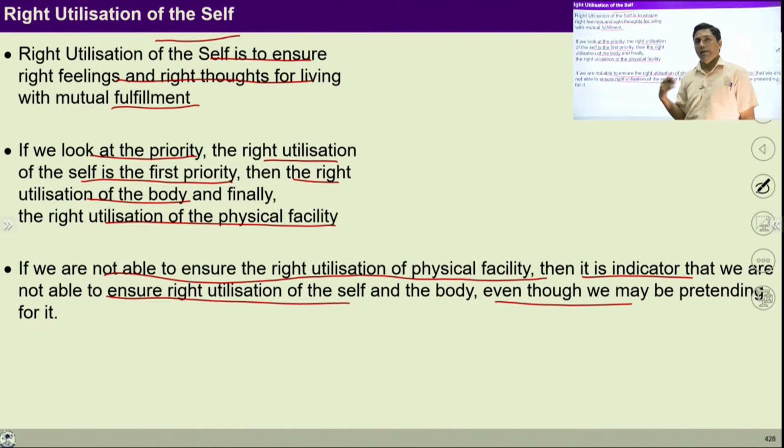So with the right utilization of this self, I can right utilize my body, and with the right utilization of body and self as a human being, I can ensure right utilization of the physical facility. So in this manner, right utilization of self is at first priority, then right utilization of body, and then right utilization of physical facility.